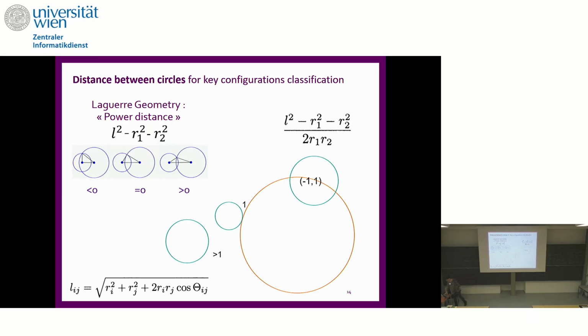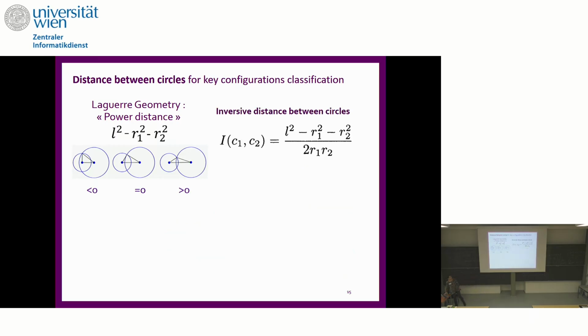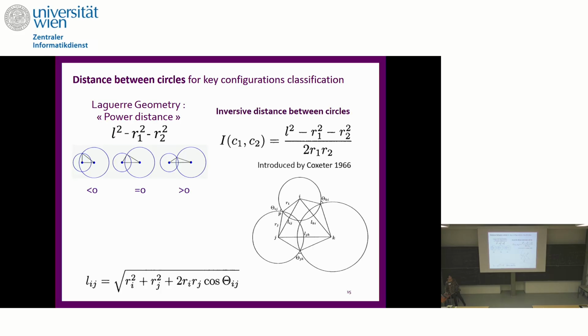And this is exactly the reason for which this distance has been considered for circle packing, and it was introduced a long time ago, and the name that was given to it is inversive distance between circles.